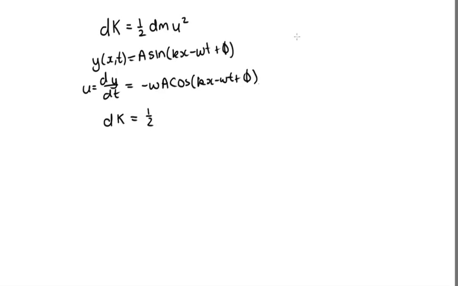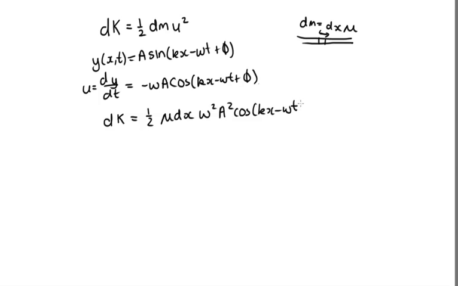Now the mass of a small piece of string, if it's got a length dx, then dm is going to be dx times the linear density, which is μ. So we can write this dm as μ dx. And now we've got u squared, so that's ω² A² cos²(kx − ωt + φ).